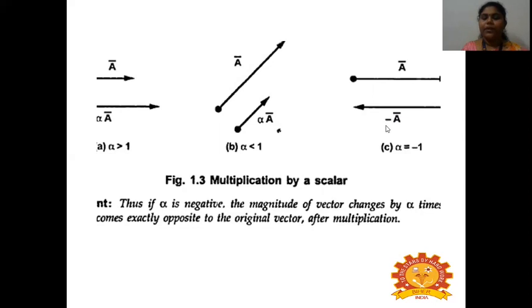So it will be denoted as -A vector. The direction of the vector will be changed when it is multiplied by -1. So if the alpha value is negative, the magnitude of the vector changes by alpha times, and it comes out exactly opposite to the original vector after the multiplication.